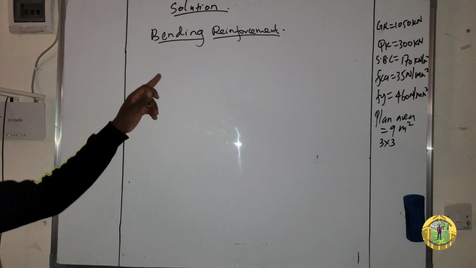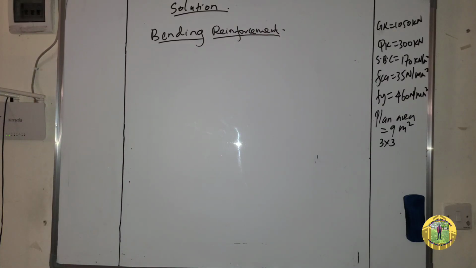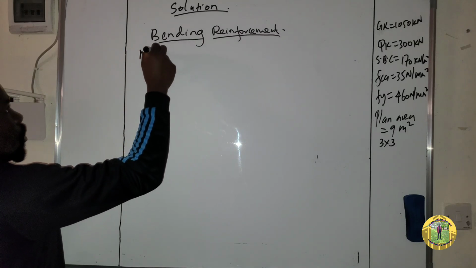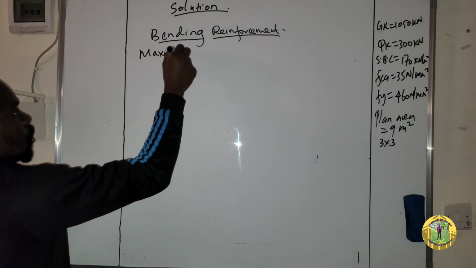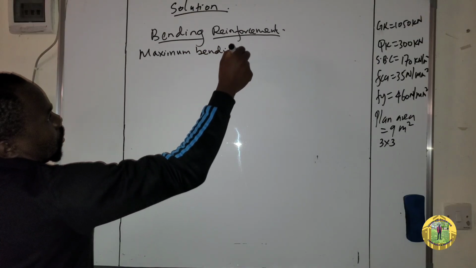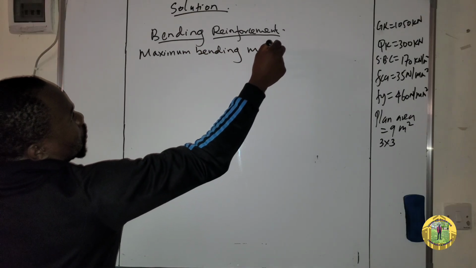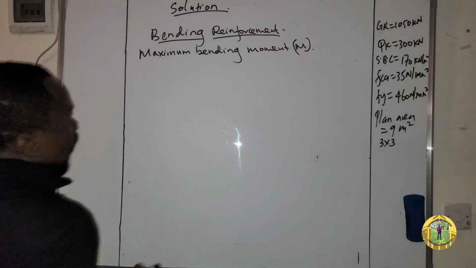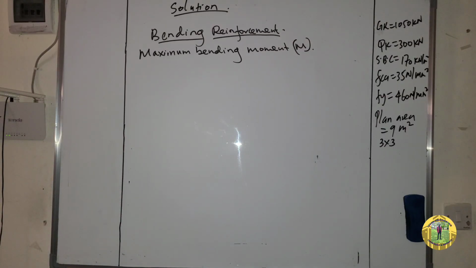So to calculate bending reinforcement, we need the maximum bending moment, which is M. And to get M, we need the following parameters.